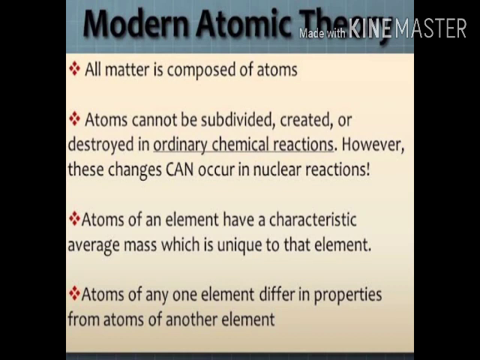That means atoms of a particular element have fixed properties restricted to that element itself, and to gain stability they react with atoms of other elements or the same elements.